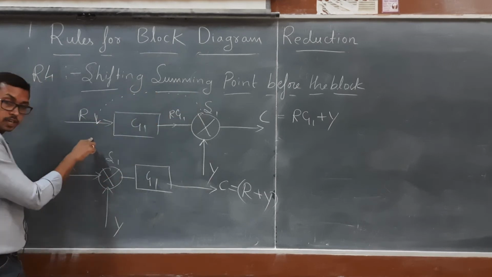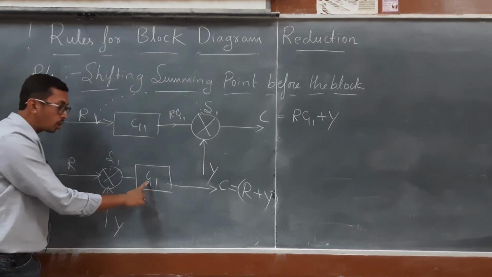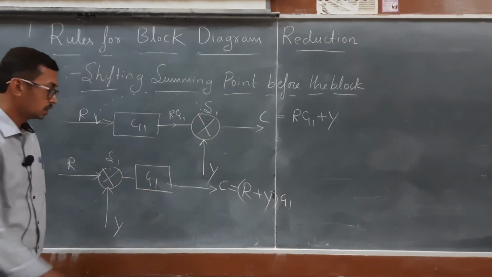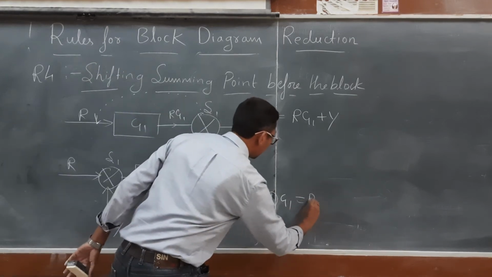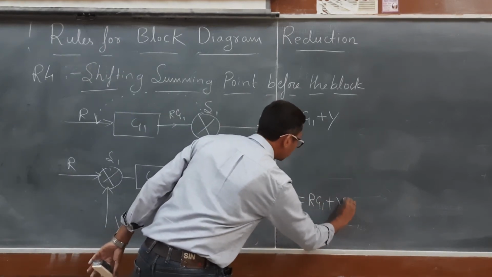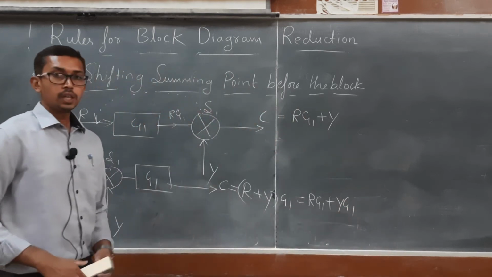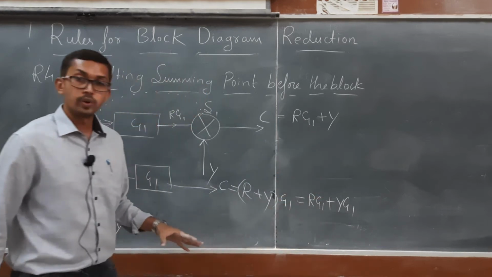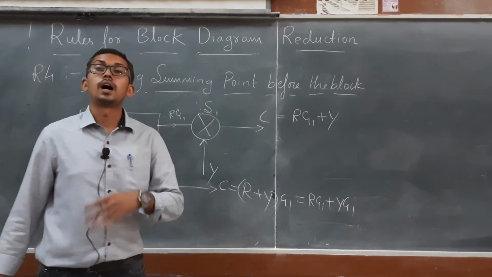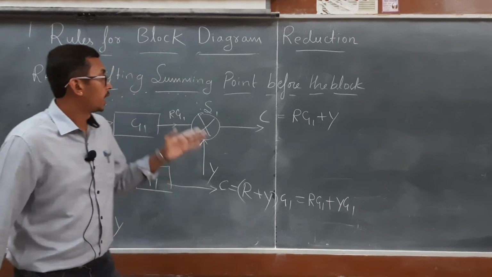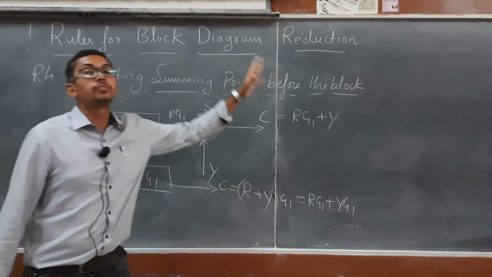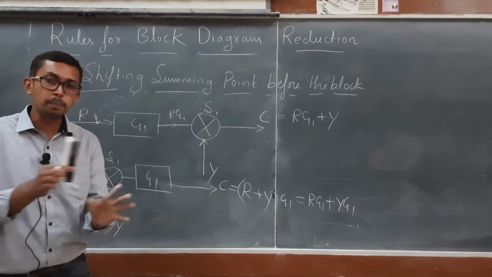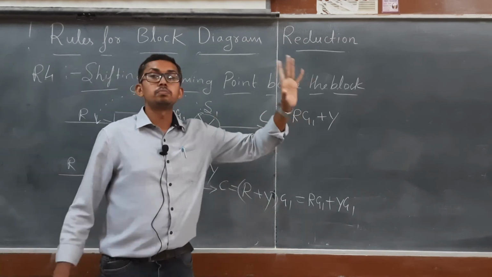Then we have the block G1, so it will be multiplied by G1. Here it will be R G1 plus Y G1. When you compare these two, is the output the same? No, the output is different. So as per the rules, even after shifting the summing point before the block, we need to make some modifications so that the output remains the same.